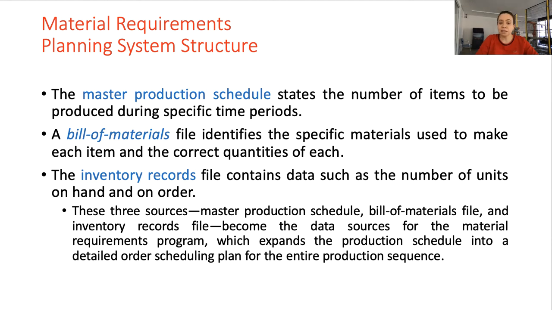And lastly, the inventory records that contain data such as the number of units on hand and on order. And these 3 sources, MPS, bill of materials file and inventory records file, become the data sources for the MRP program that expands the production schedule into a detailed order scheduling plan for the entire production sequence.